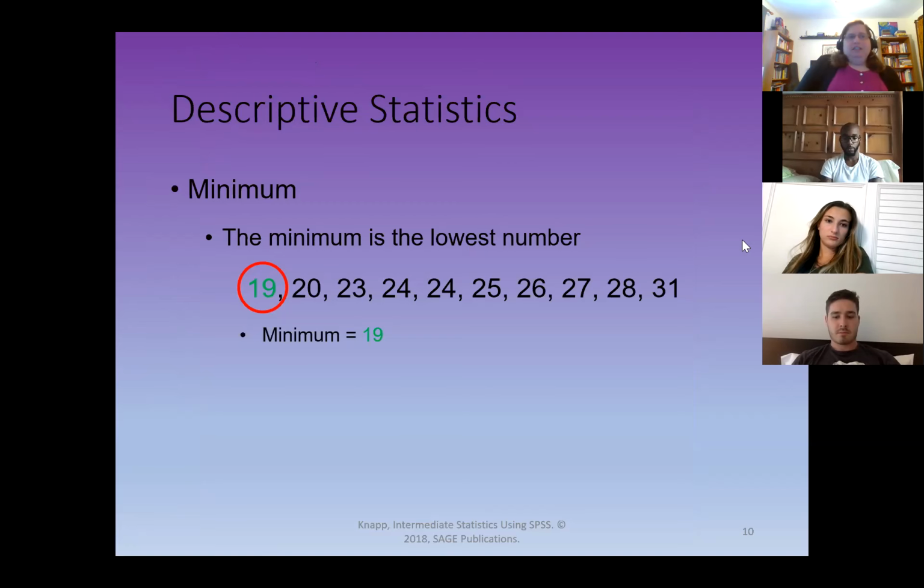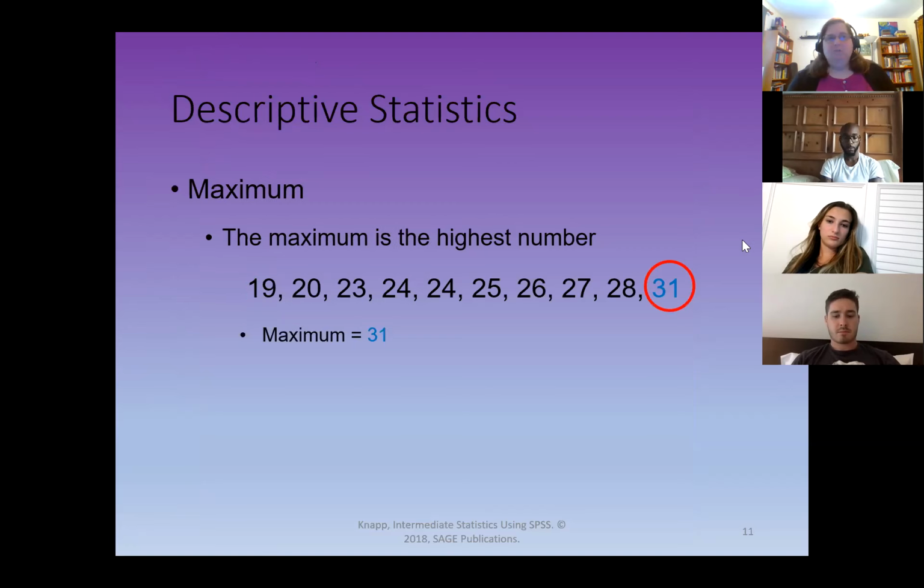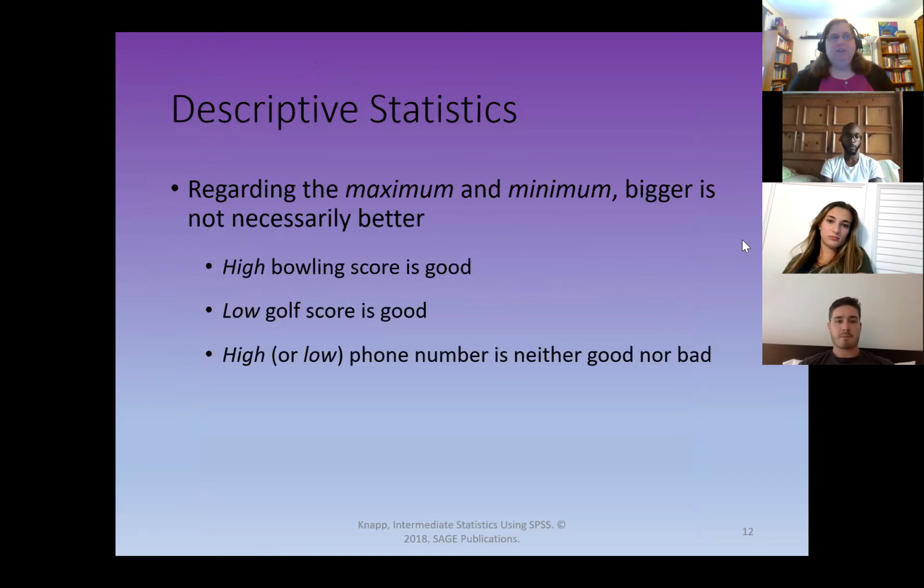Since we're talking about spread, let's talk about the minimum, which is our lowest number in a set of numbers, in this case 19. Our maximum is the highest number in a set of numbers, in this case 31. Bigger is not necessarily better.